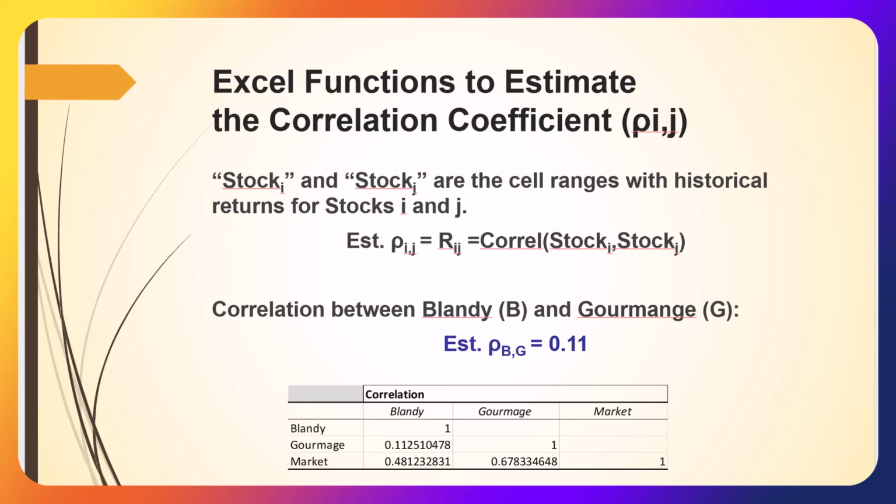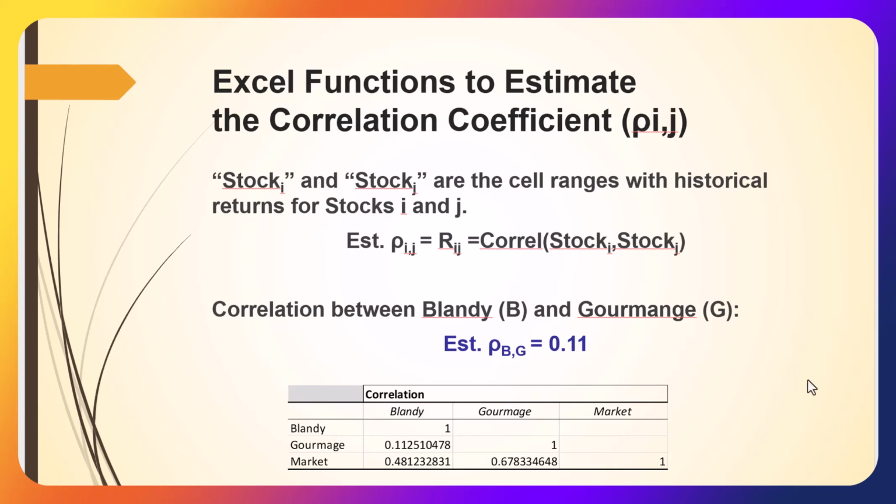We can calculate correlation in Excel using the function =CORREL, and then the column of stock returns and the column of the other stock's returns. So the correlation between Blandy and Gourmage, right here, here's Blandy, here's Gourmage, is 0.1125.